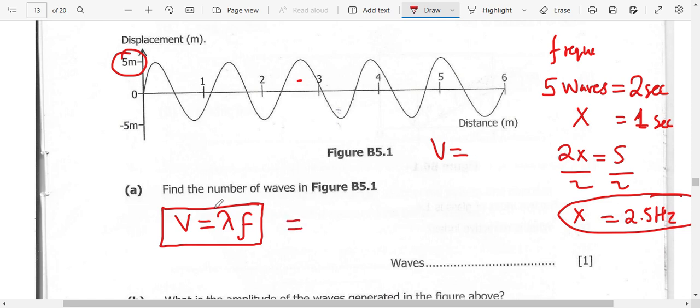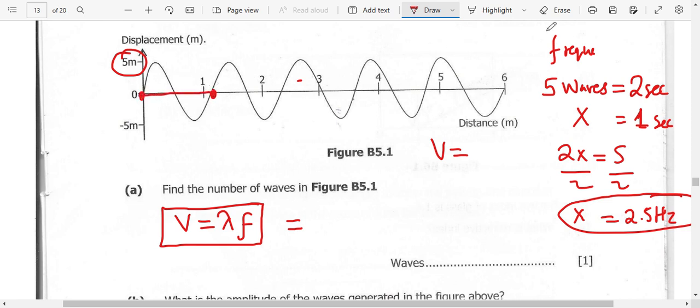And then the wavelength in this question, what is the wavelength from what we're able to see? What's the distance from here up to here?